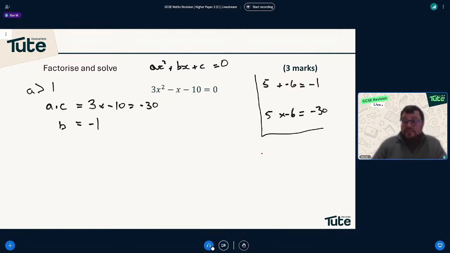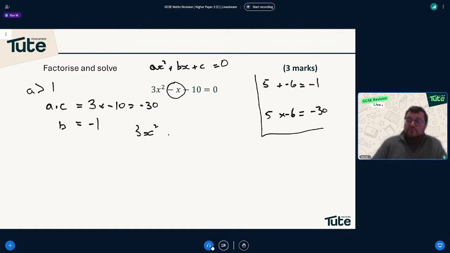Little tricks there, right? What we do then is we partition or split that part of the equation. So I've got 3x squared. Now I know my next step is going to be factorizing. I'm definitely not going to put the 5 beside the 3. Why not?